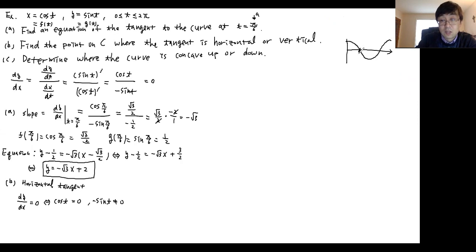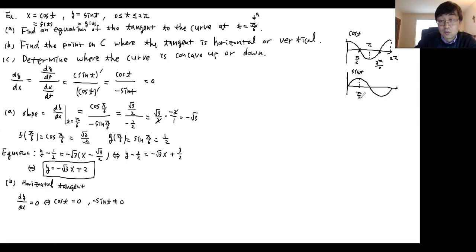This is cosine of t. This is pi over 2, this is pi, this is 3 pi over 2, this is 2 pi. What's the sine function? The sine function is here. This is sine of t.